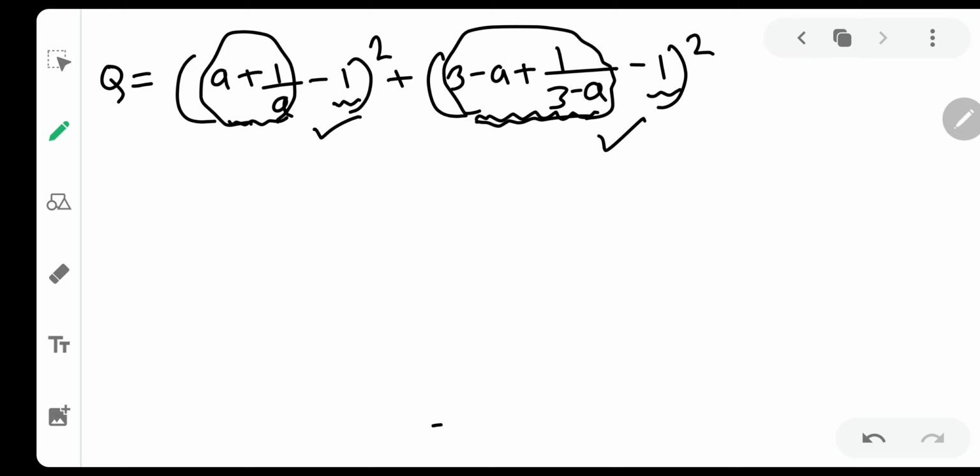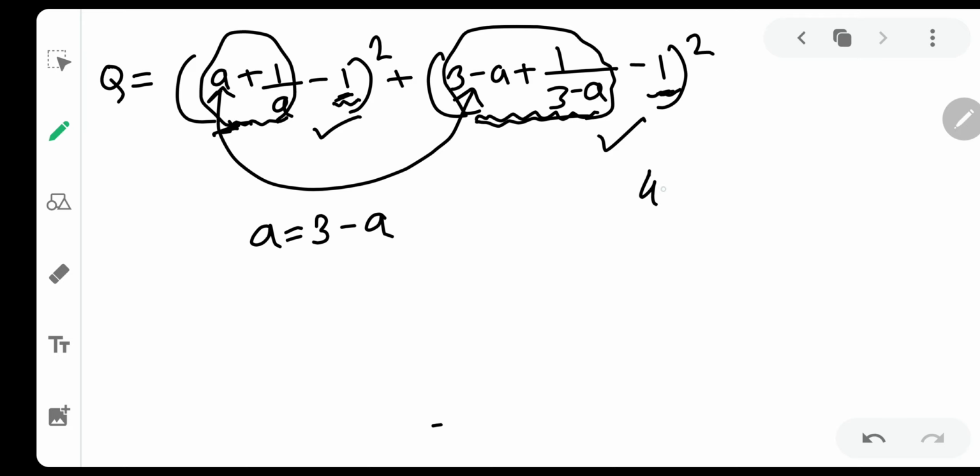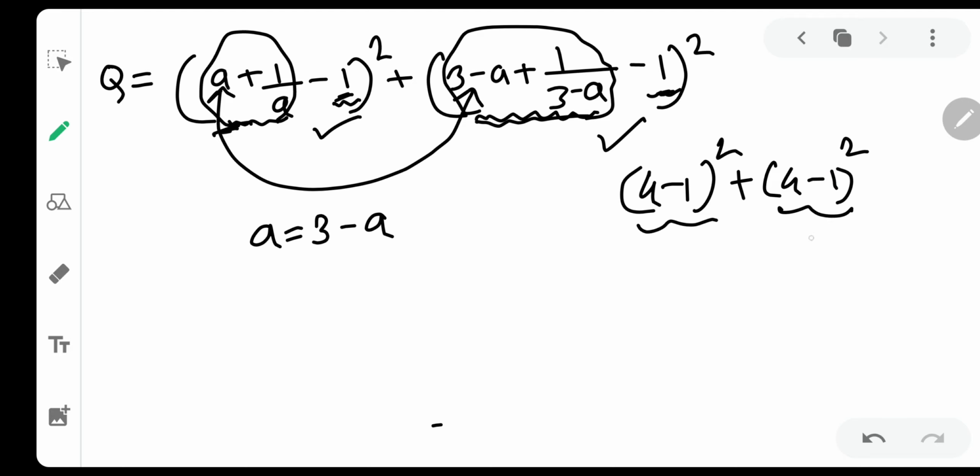So when will it be minimum? The logic says that it will be minimum when this term and this term are the same. So a has to be equal to 3 minus a. Now let me give you a brief reason for that. You are subtracting 1 from some number and you are subtracting 1 from some other number. If you have both the numbers the same, then you will get the minimum value.